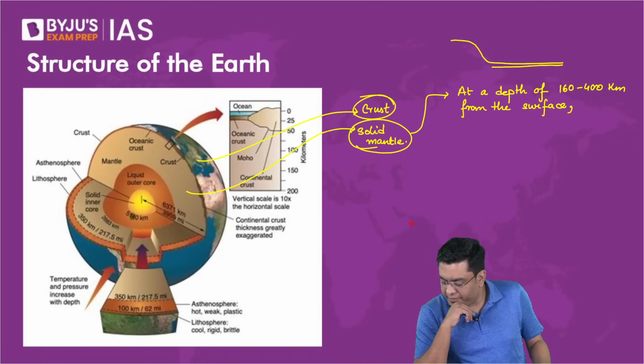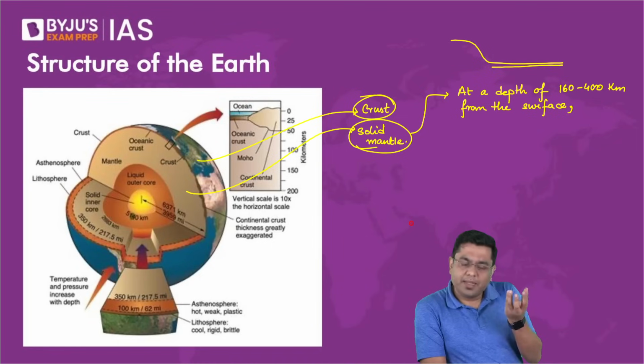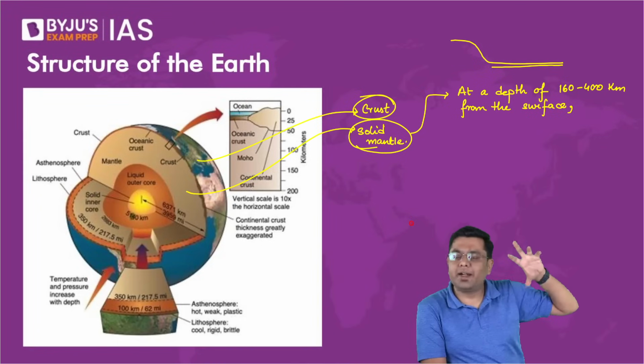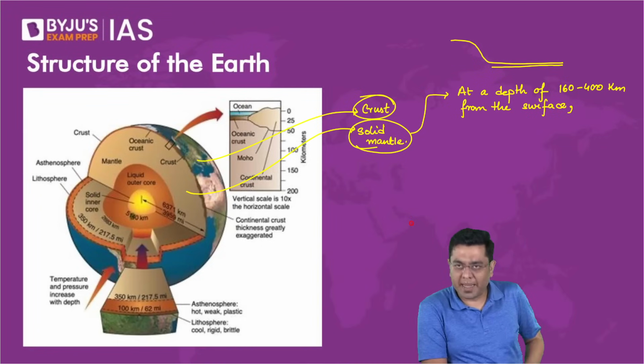Vivek, your question is about the rotation. The liquid outer core also rotates. And when the liquid outer core rotates, imagine what it is made up of: iron and nickel. So when the iron and nickel particles rotate in a spiral or circular motion, that produces its own magnetic field, where the planet starts behaving like a bar magnet.